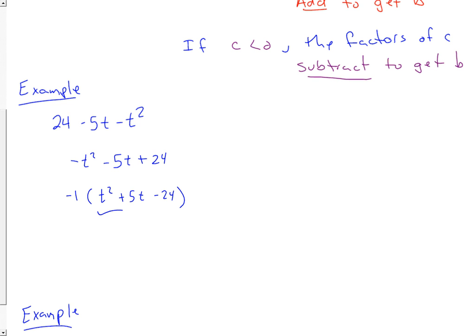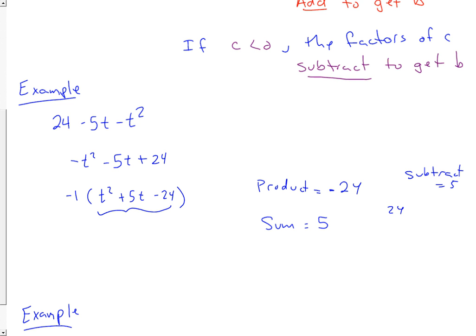Now we're going to factor this using the product sum rule. My product is negative 24. My sum is 5. Okay, since this is negative, we are going to subtract the factors of 24 to equal 5.